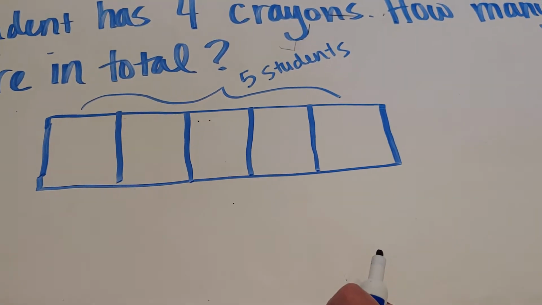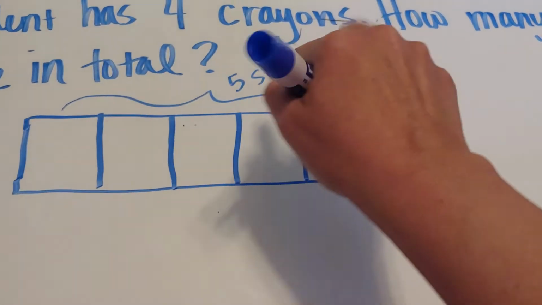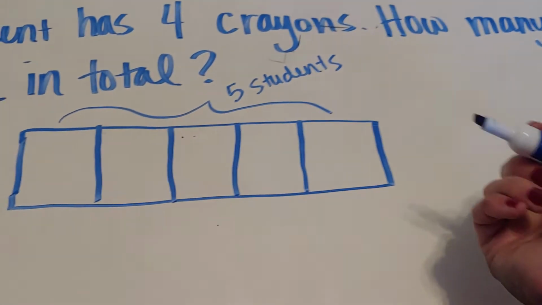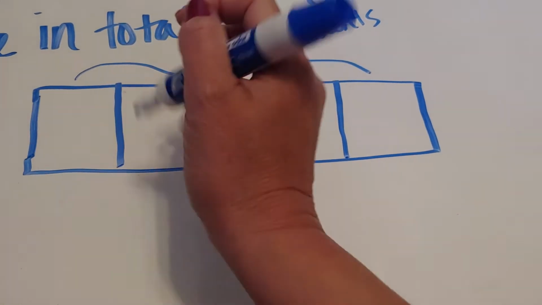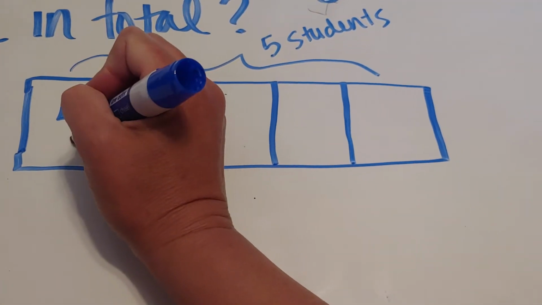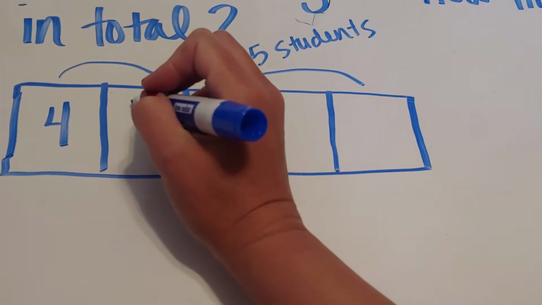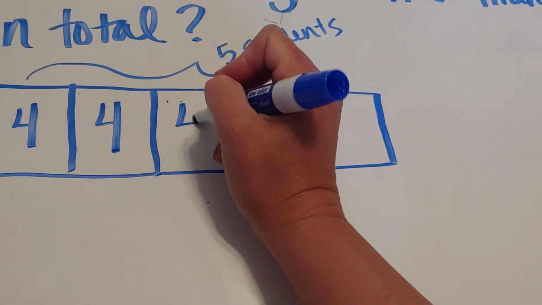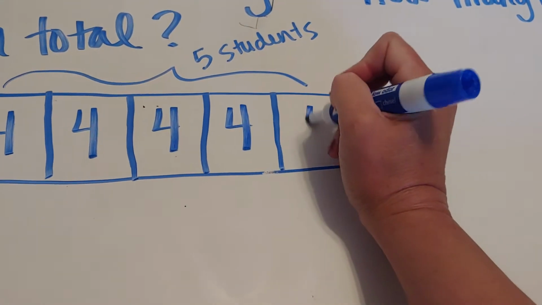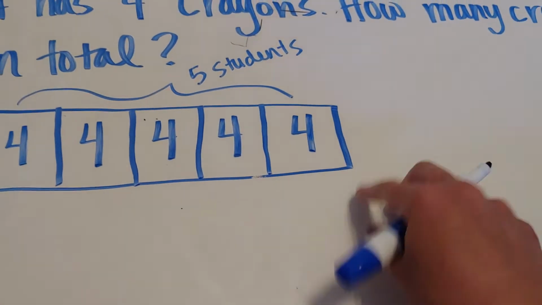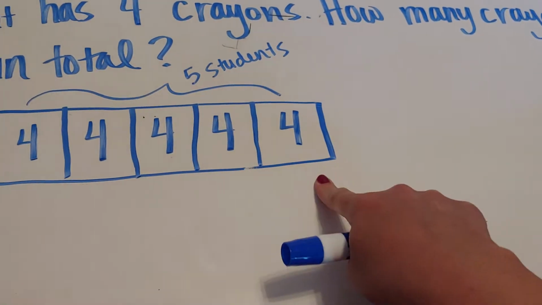Now, each of these students is going to be given 4 crayons. So you can either draw 4 crayons in, or you could just represent the number 4. So this first person gets 4 crayons. 4, 4, 4, and 4. So how many do we have in total?